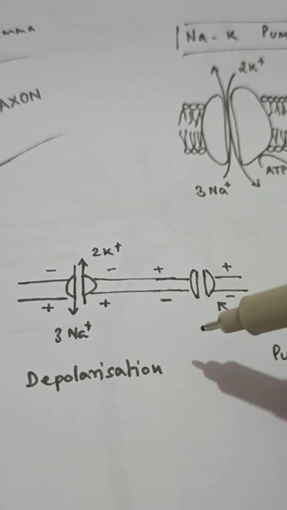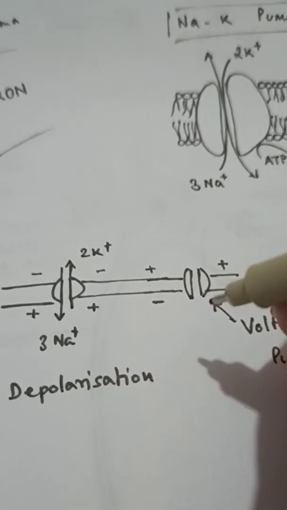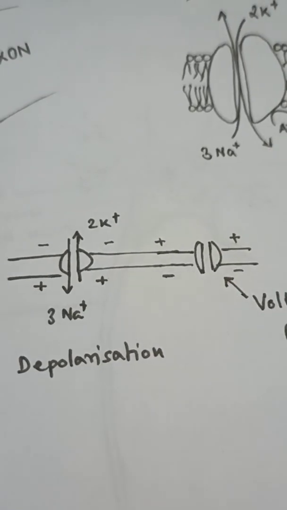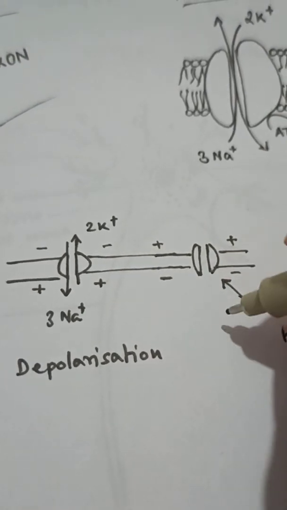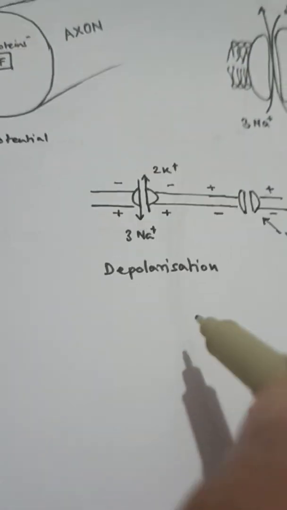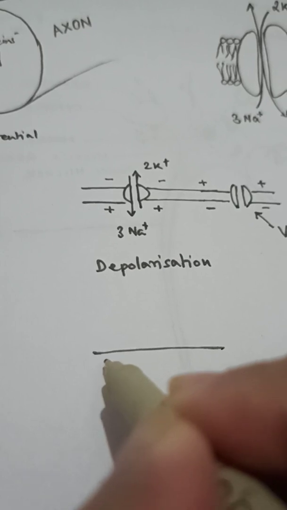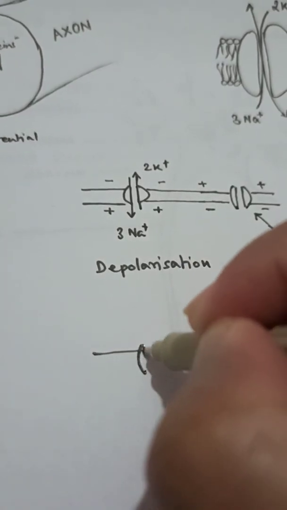Means now it will force 3 sodium to move outward. The 3 sodium that has moved inside, it will force to move outside, sorry, and 2 potassium to move inside. So that is what is going to happen now. Sorry, I forgot to draw this one.